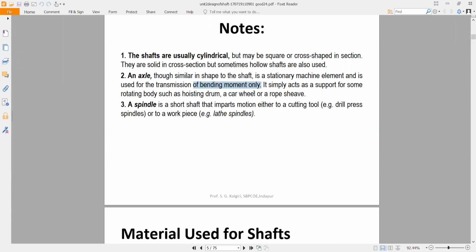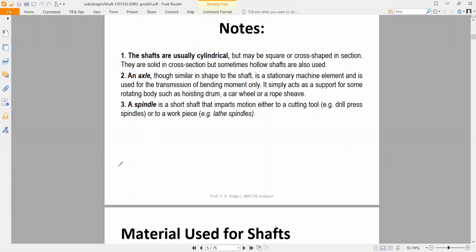Another example is a spindle, a very short shaft that gives motion to cutting tools, like a high speed drill. This is a very brief introduction about the conditions.